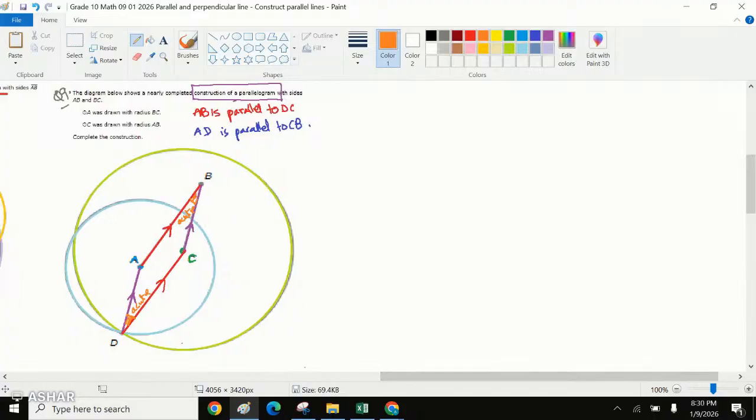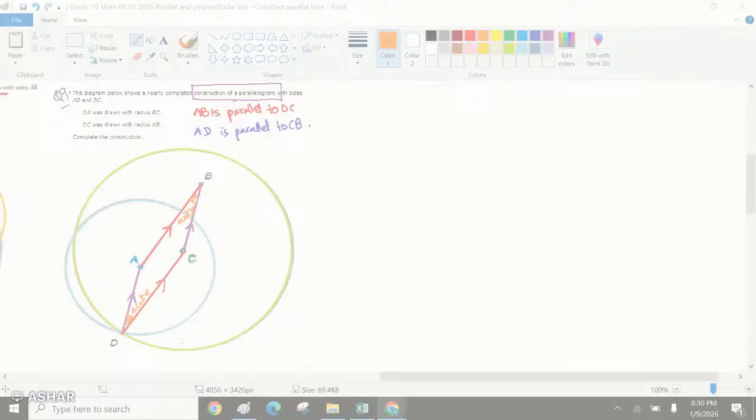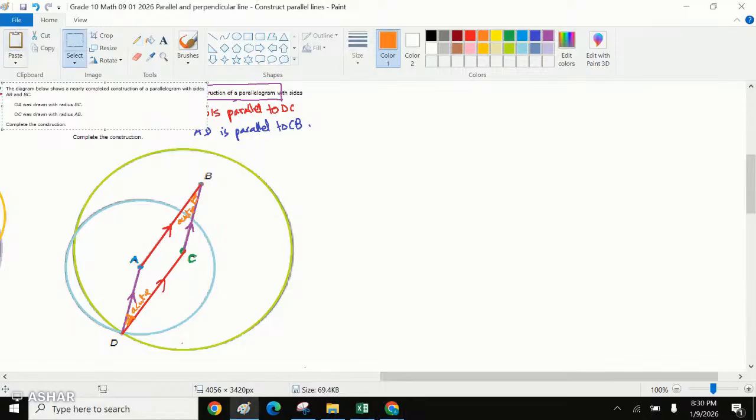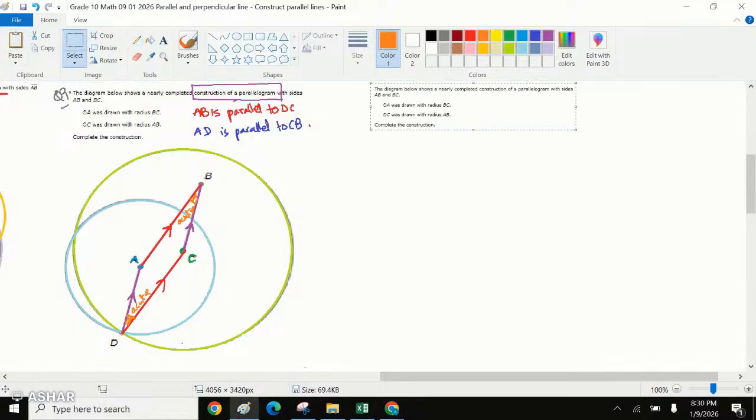Moving ahead with the questions, let's look at the next question we have. In the next question, the statement says, I'll just bring it on the screen. The diagram below shows a nearly completed construction of a parallelogram. We have this. This is question number 10.